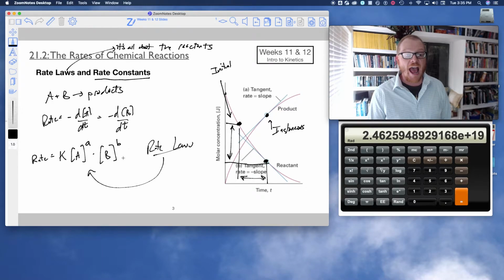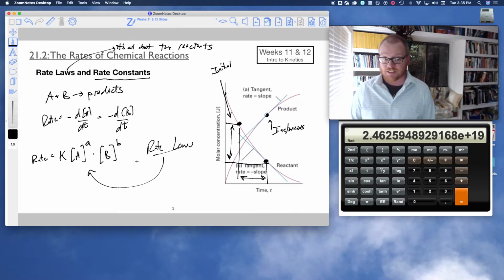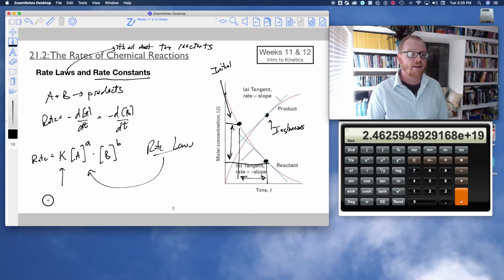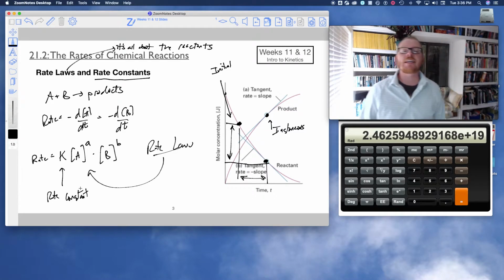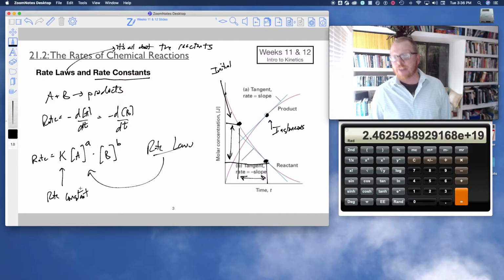And so if we had a third reactant, if it was A plus B plus C, then I would also have a times the concentration of C raised to some power, okay? So k is the rate constant. And as we shall see, the rate constant has the same value throughout the entire reaction.